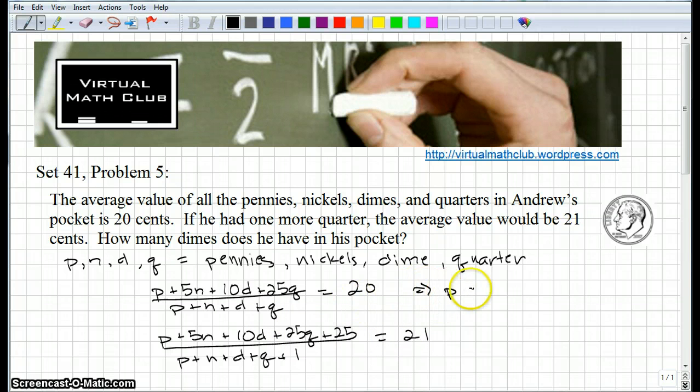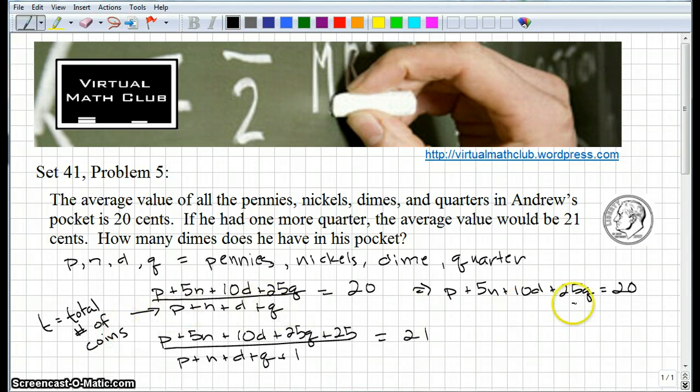The number of pennies plus 5 times the number of nickels plus 10 times the number of dimes plus 25 times the number of quarters is equal to 20 times, and I'm just going to define another variable t as being the total number of coins. Just because I don't want to write that all out again. Besides, I'm running out of room, so 20t.